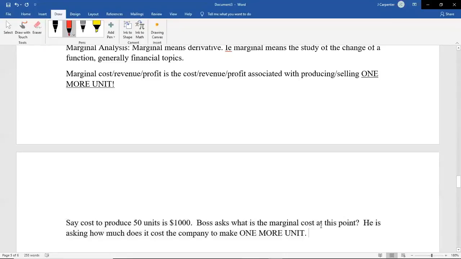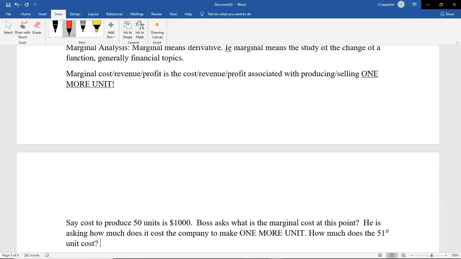So how much does it cost to make the 51st unit? That's what's being asked here. The marginal cost at 50 units is the cost to produce the 51st unit, or the marginal revenue or the marginal profit. All three of those words are interchangeable. And if you don't know how to calculate profit based on cost and revenue, we'll lay that out in just a second.